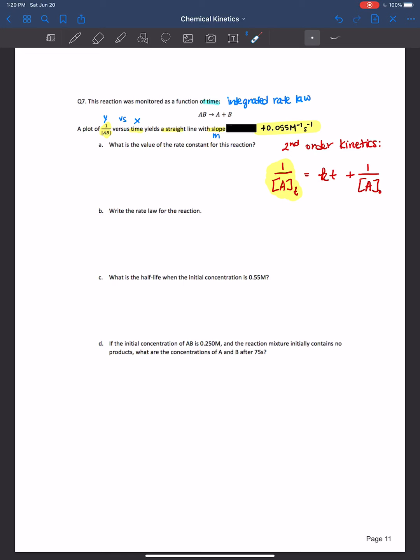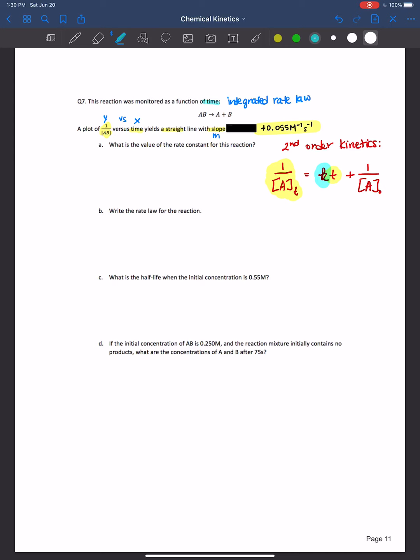So 1 over [AB] just represents 1 over [A], okay? And also it says that it's as a function of time, so that's time, t. And the slope is positive, and we do see that here. It's a positive k, right? So this all leads to us seeing that it is second order kinetics.